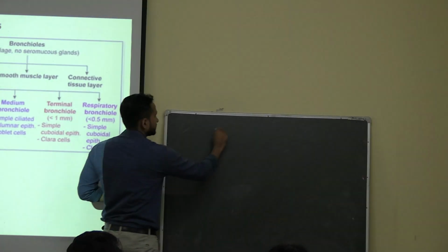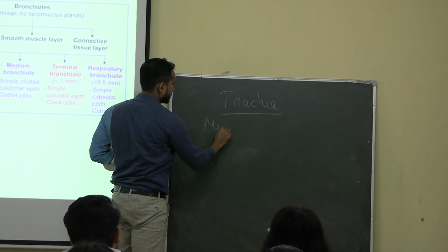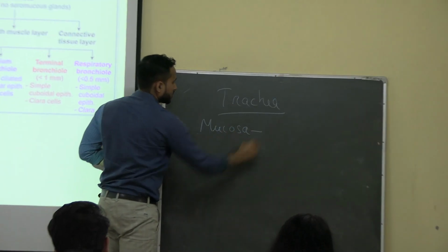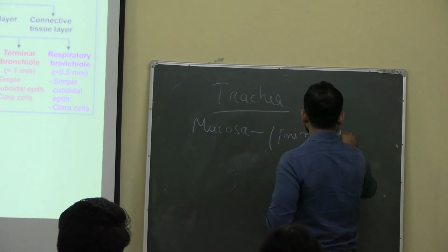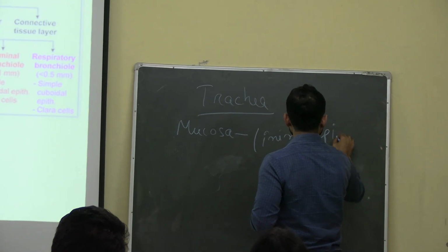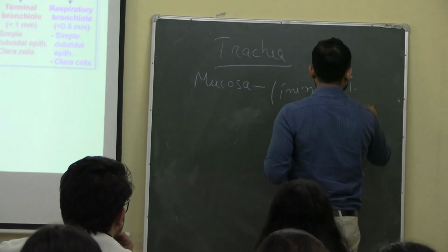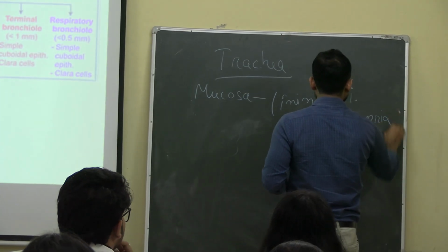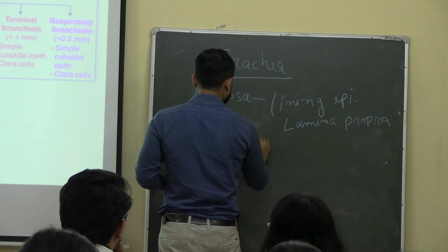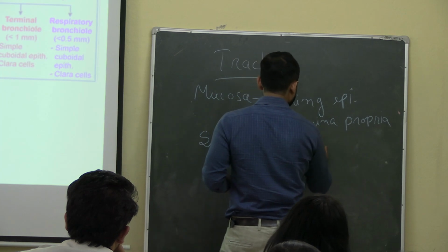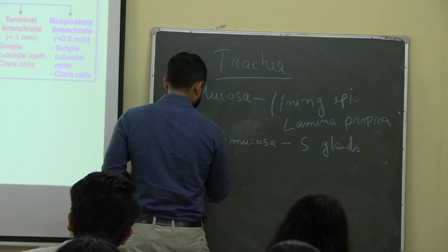So in case of trachea, first is the mucosa. In mucosa, we get the lining epithelium, then lamina propria, then the submucosa, where we get the submucosal glands.